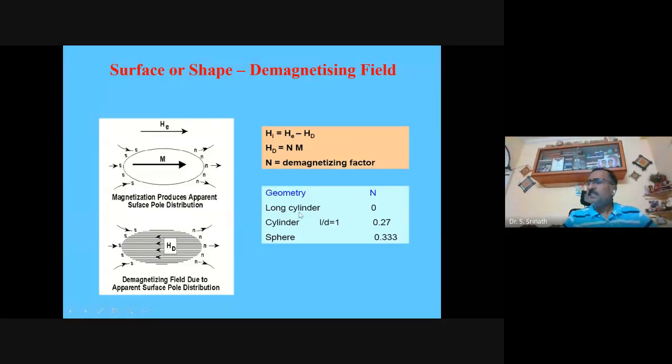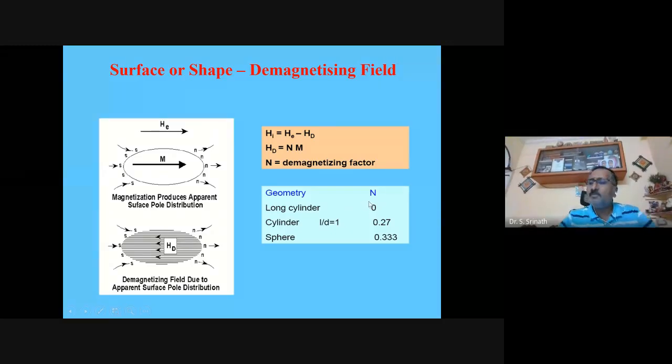Because in the long cylinder, the diameter is so small in comparison to the length, the induced pole density will be small, and they are separated at a larger distance, so that the effective energy or effective demagnetizing field is negligibly small. So for all practical purposes, I can call this N as 0.